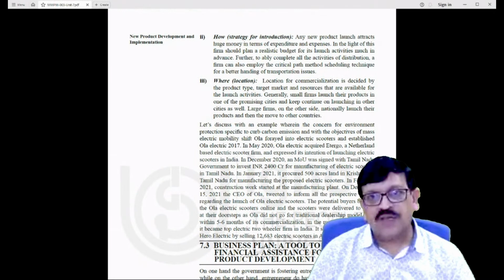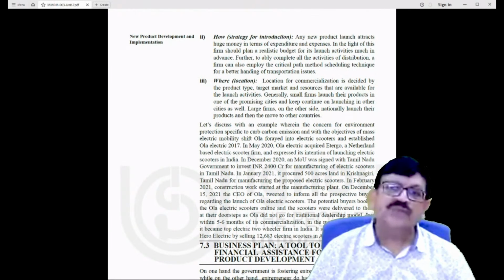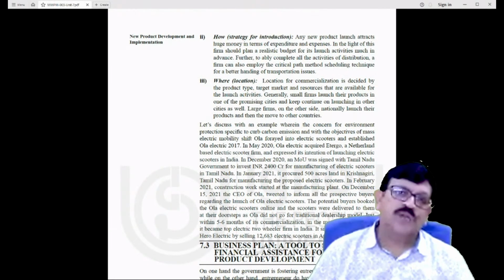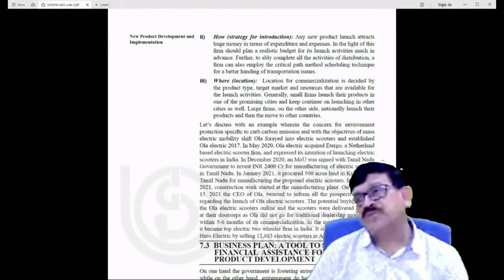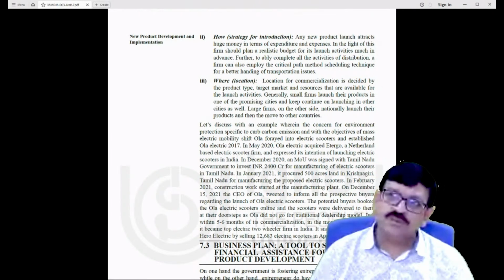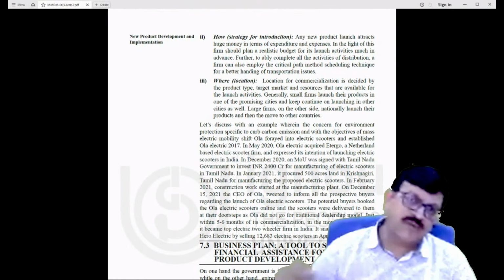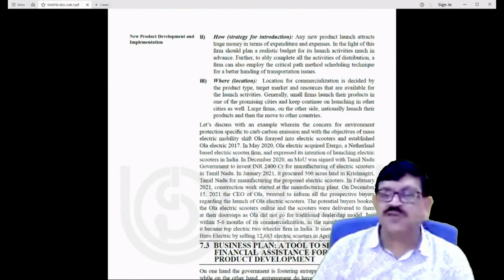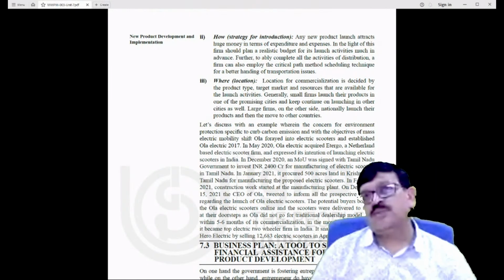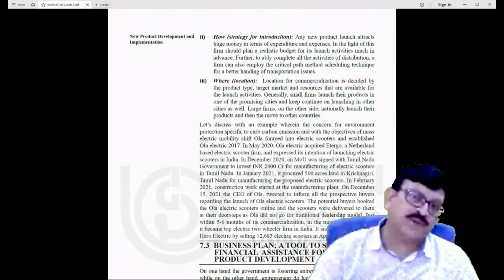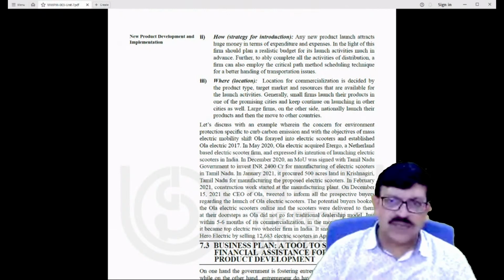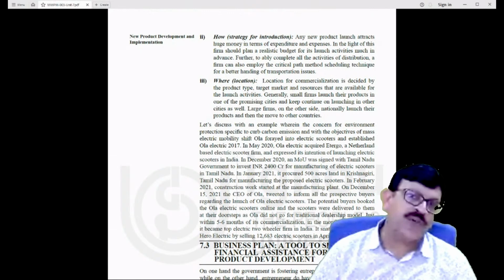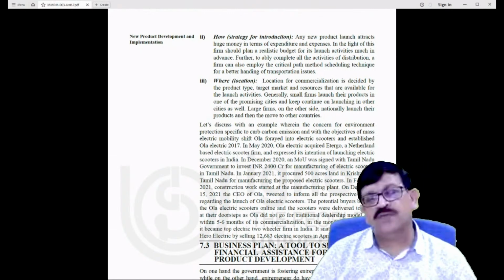And as for the strategy for introduction, the expenses are likely to shoot up, because in the product life cycle, during the introductory stage, your promotion cost, infrastructural cost, manpower, everything goes high, because you want to maximize the impact for the product to be accepted.